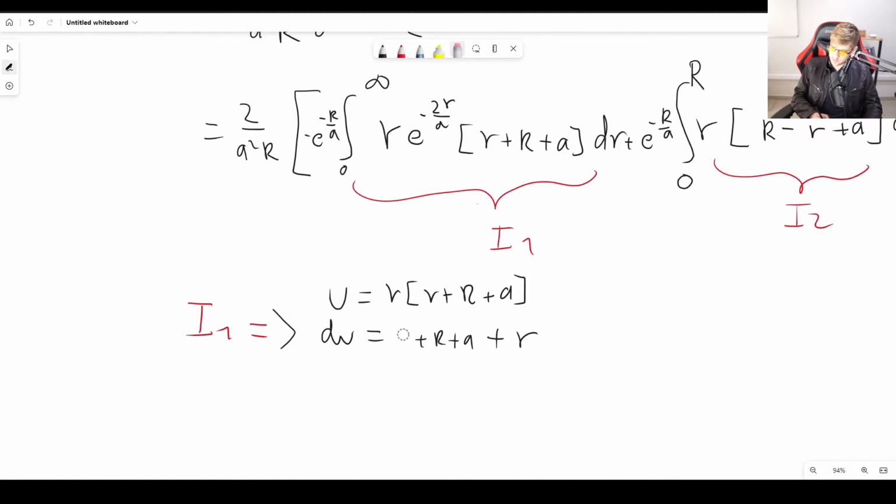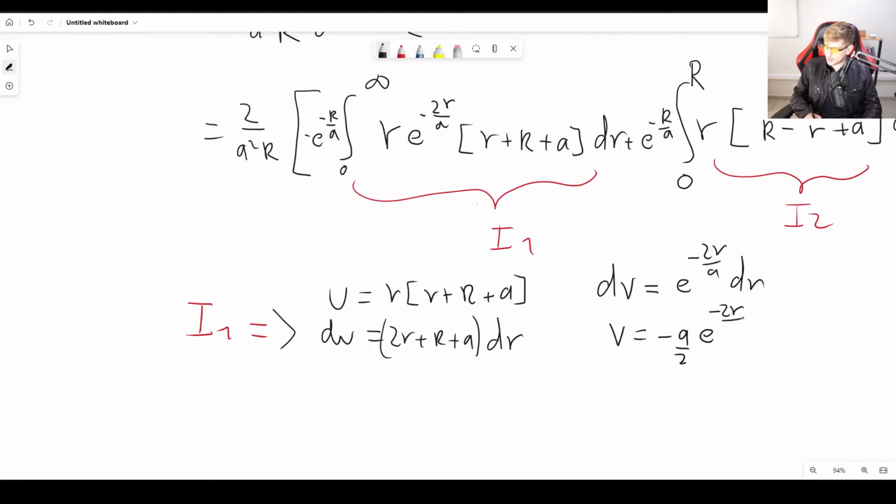And of course dr, so we end up getting 2r plus r plus a, and all of this dr. Okay, and the v, this will be the exponential, so minus 2r over a dr, and v will be minus a over 2 e to the minus 2r over a, and that's it.